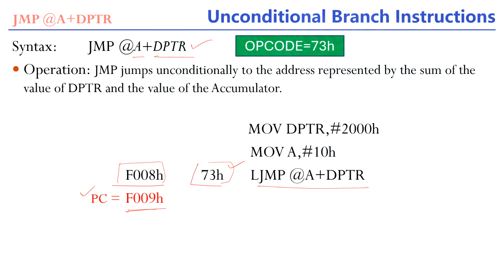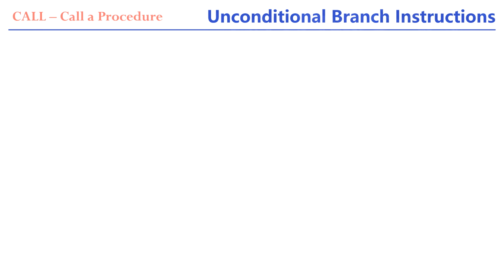Whenever this instruction is executed, it will add 2000 plus 10, so 2010H. Once this instruction is executed, the PC is forcefully placed with 2010. That means it will execute the instruction from location 2010H onwards.